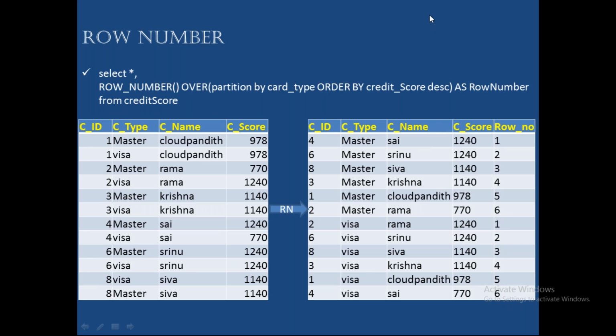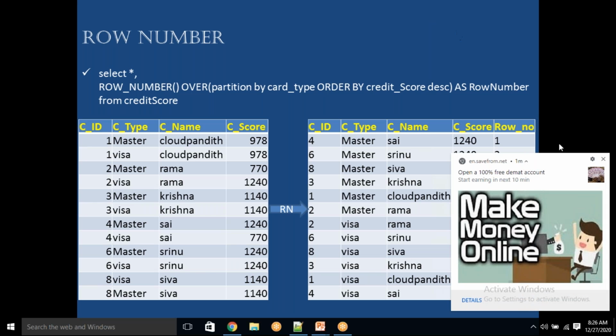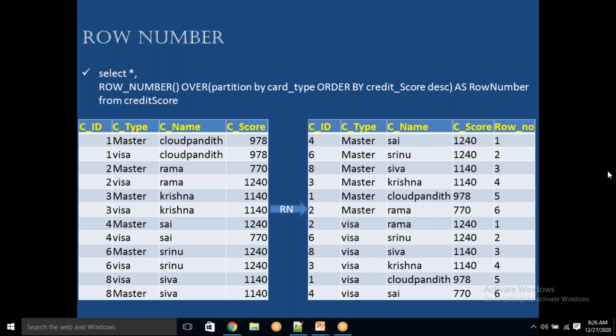Is it clear? Row number is clear, friends? In a group, if you have 10 records, it will just give 1, 2, 3, 4 up to 10. If you have 20 records, it will simply give 1 up to 20. That's all. Row number is very simple. Now let's move on to rank. Rank means, let's say, state rank, district rank, something like that you will have, right?